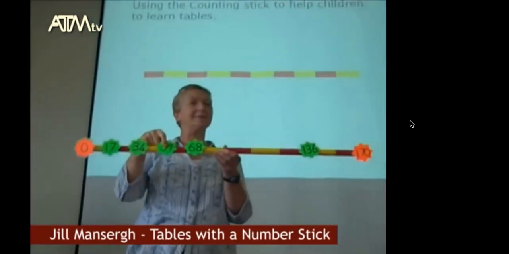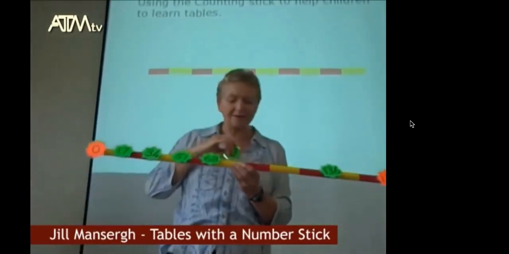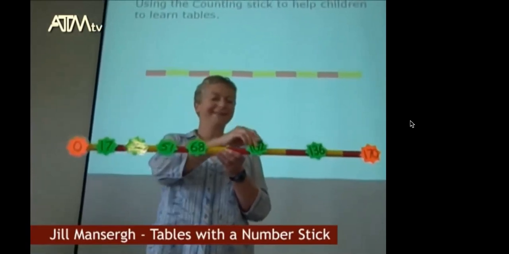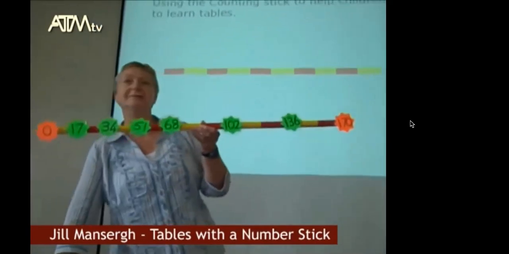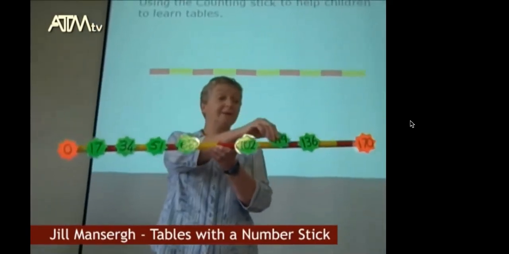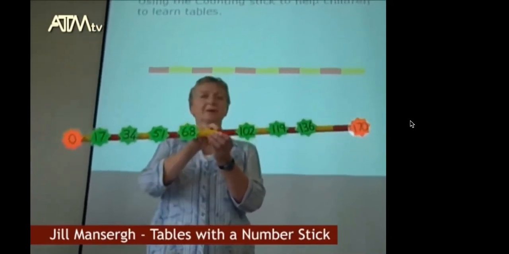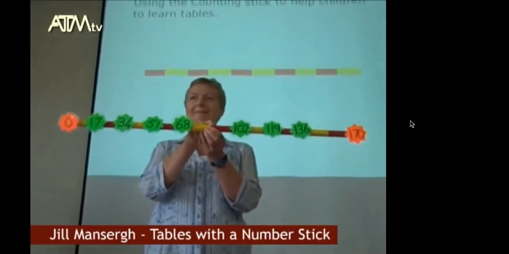Okay, tell me what double 51 is. 102. That's a nice easy one, isn't it? And where's it going to go? Tell your partner. You can point. 17 more than 102? 119, yeah, another easy one. 3 ways of guessing the number in the middle. 3 different ways.